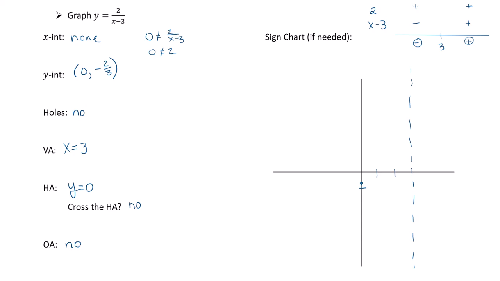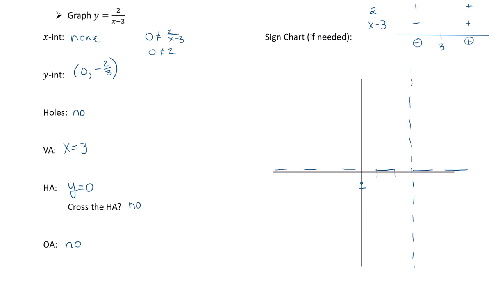We have y equals 0 for our horizontal asymptote. Some people like to just float that right on the surface of the x-axis if it happens to be y equals 0 so that you can still see it. No oblique asymptote. And now we start our graphing.